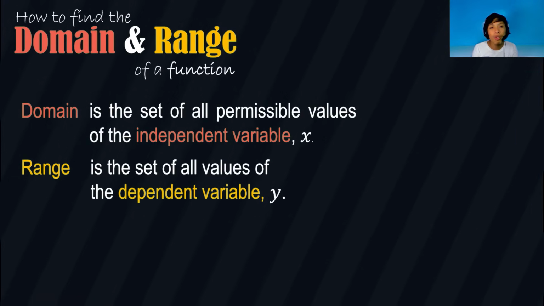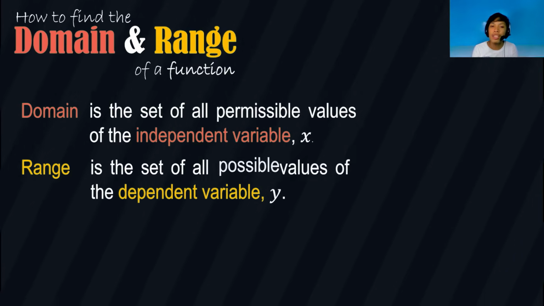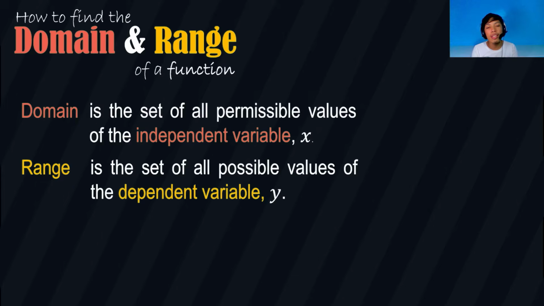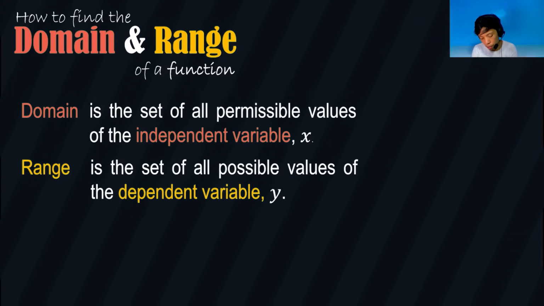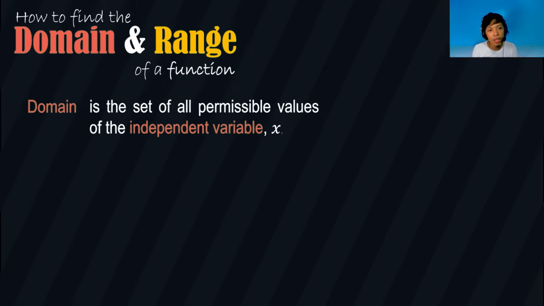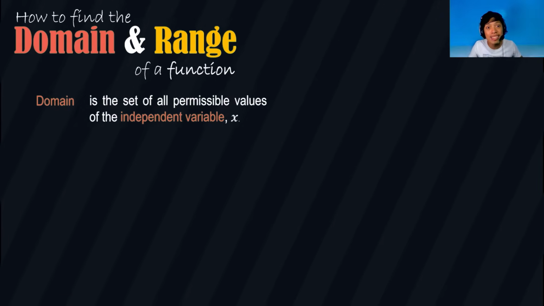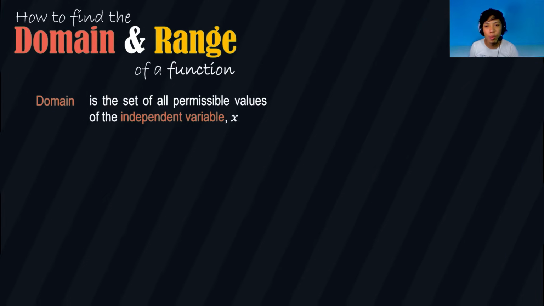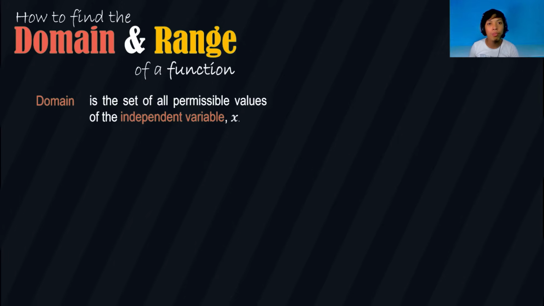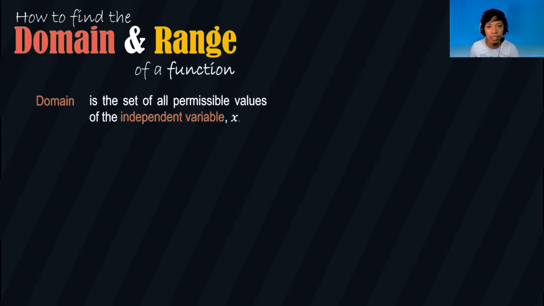So that's the complete definition of the domain. Domain is the set of all permissible values of the independent variable x. Now for the range, range is the set of all possible values of the dependent variable y. Now let's dissect the definition of domain. Domain is the set of all permissible values of the independent variable x.